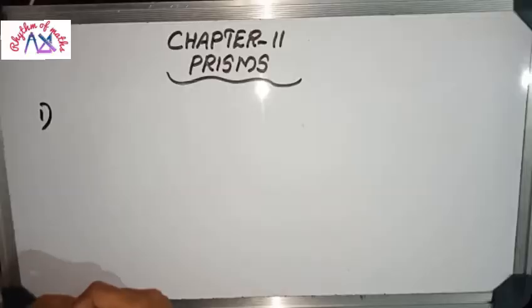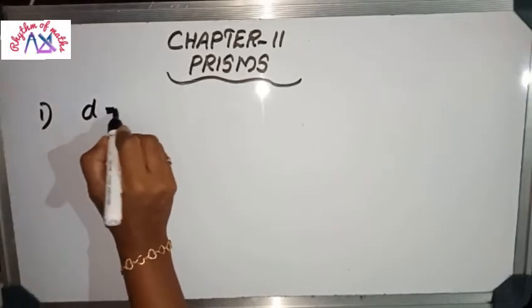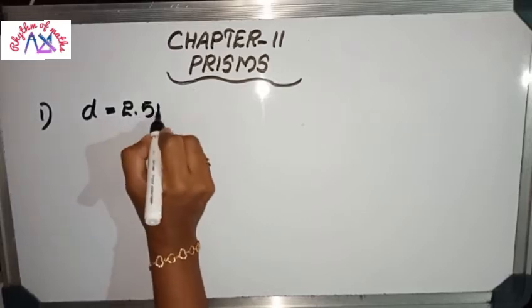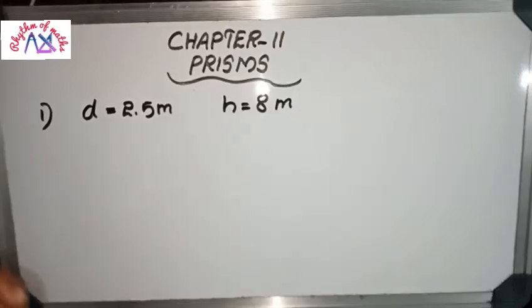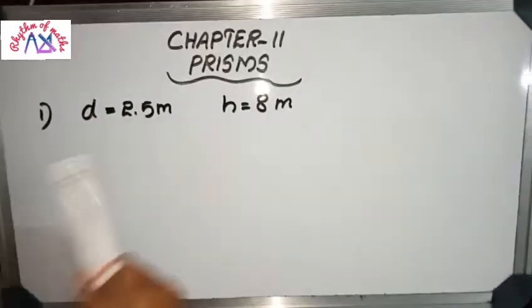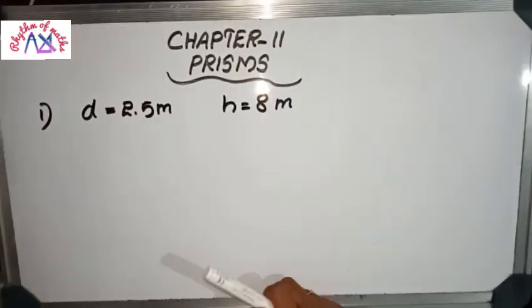In this question we have a well with diameter 2.5 meters and height 8 meters. The question is, what will be the cost of cementing with 350 per meter square?